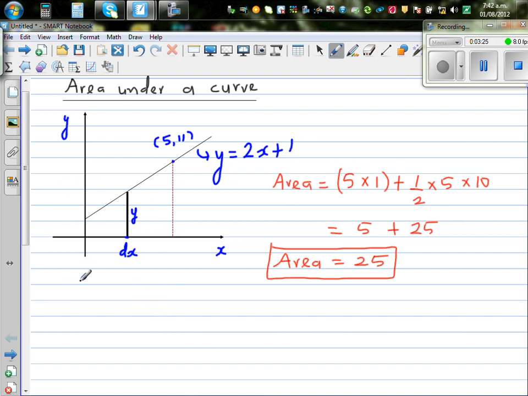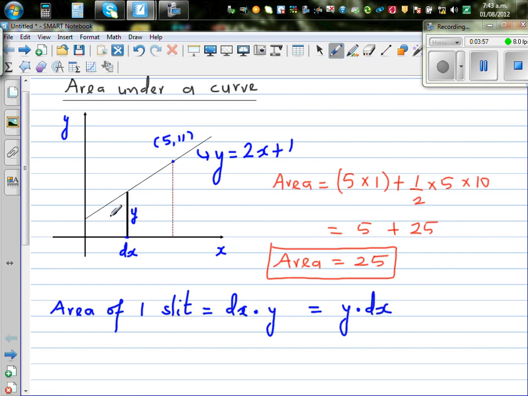Okay, so the area of this, I'll call this a slit. A slit is a small, infinitesimally small rectangle. Its area would be base times height, which is dx times y, or we can say this is y times dx.